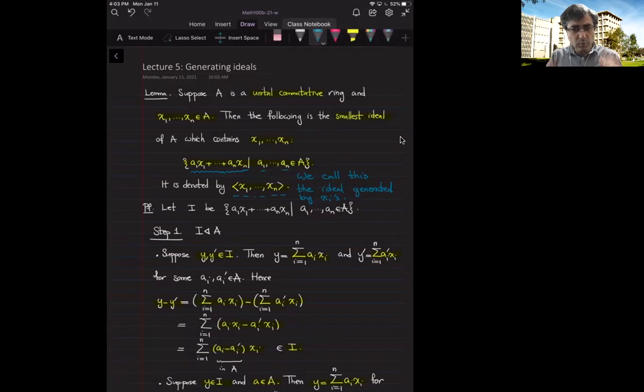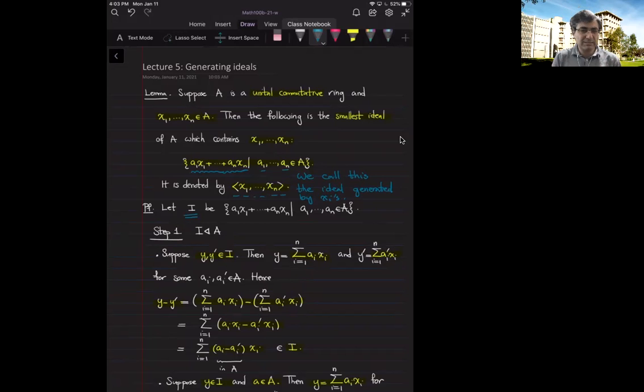Okay, what do we have to do? We have to show, first of all, that this set, let's call it I, is indeed an ideal. Second, we have to show this ideal contains the x sub i's. Third, we have to show that every other ideal that contains the x sub i's contains I as a subset.